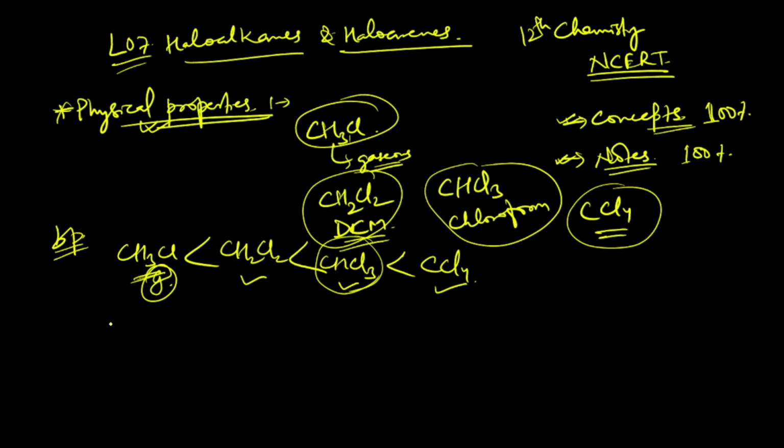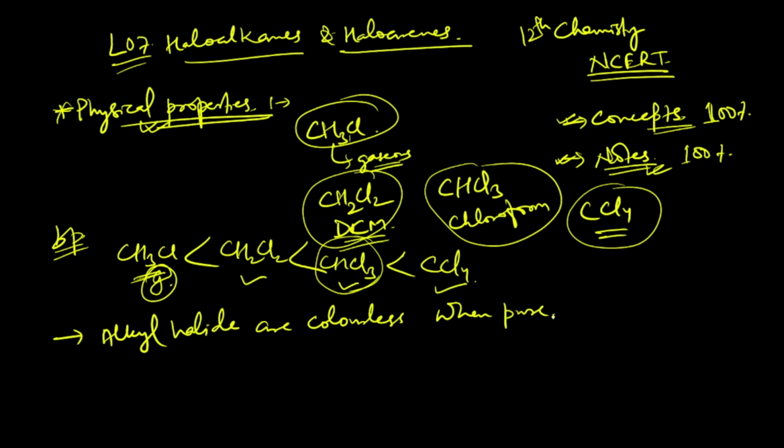So now we can write it over here, because as I told you, I will give notes also. Alkyl halides are colorless in pure form. Whether CH3Cl, CH2Cl2, CHCl3 or CCl4, they all are colorless.